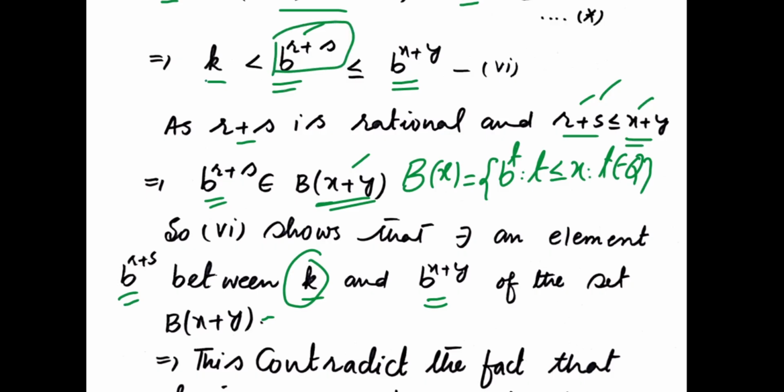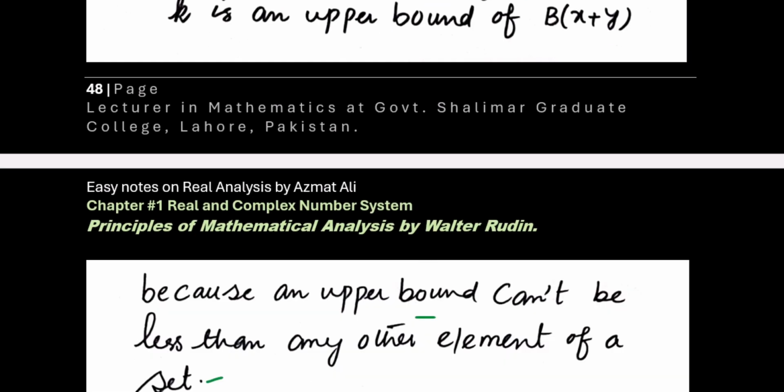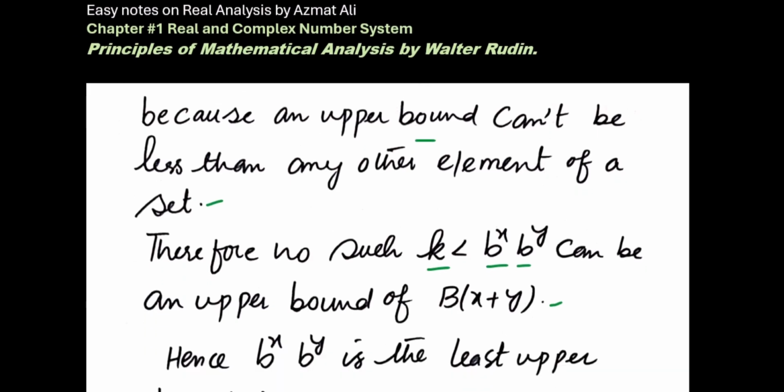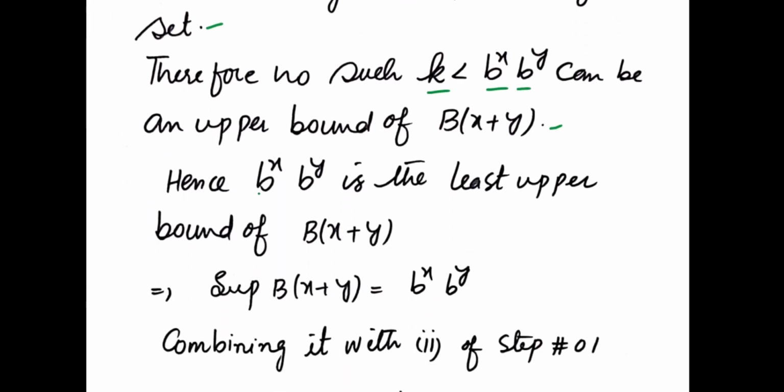But at the initial stage I claimed that k was the upper bound, so it should be greater than this element b raised to power r plus s. Therefore no such k less than b raised to power x into b raised to power y can be an upper bound of this set B of x plus y. Hence b raised to power x into b raised to power y is the least upper bound of this set. And least upper bound means this is the supremum of this set.